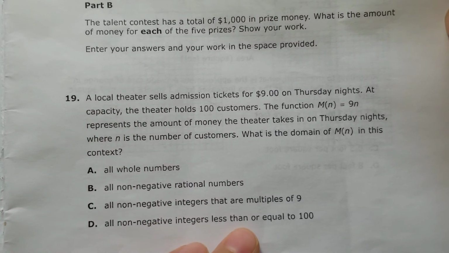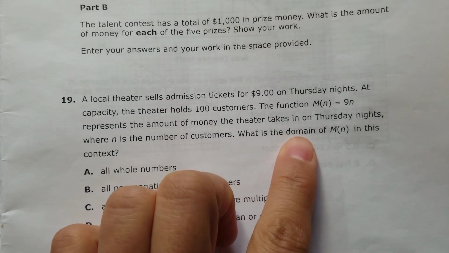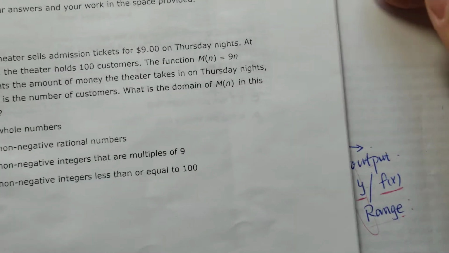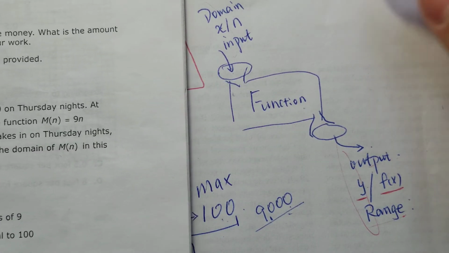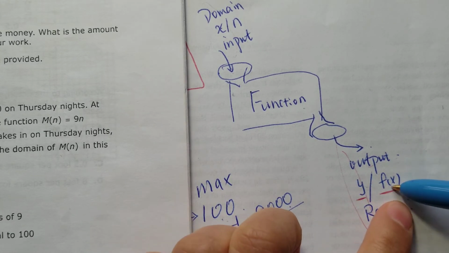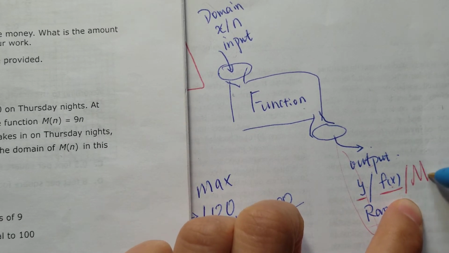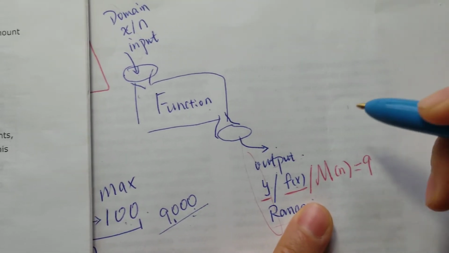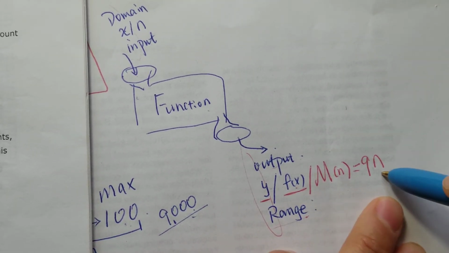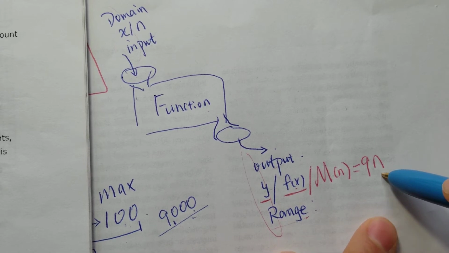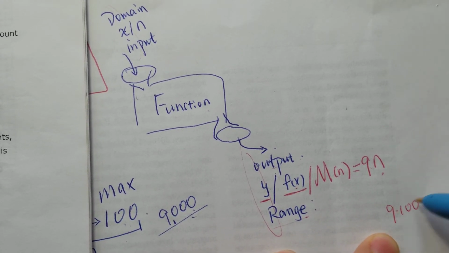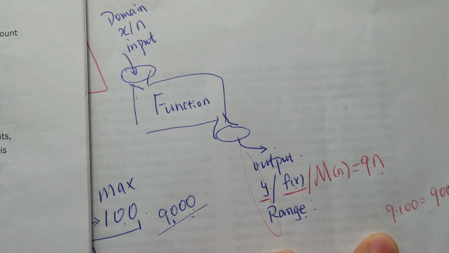Now, if the question on the real test asks you about the range, think about the range as talking about y or f of x. In that case, it's m of n, which equals 9 times n. If your maximum number for n is 100, multiplied by 9, that is 900.